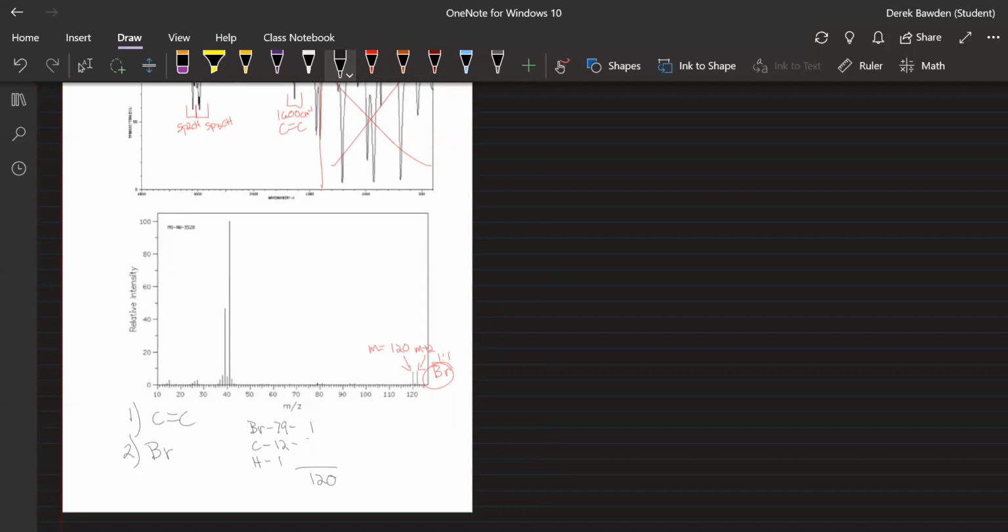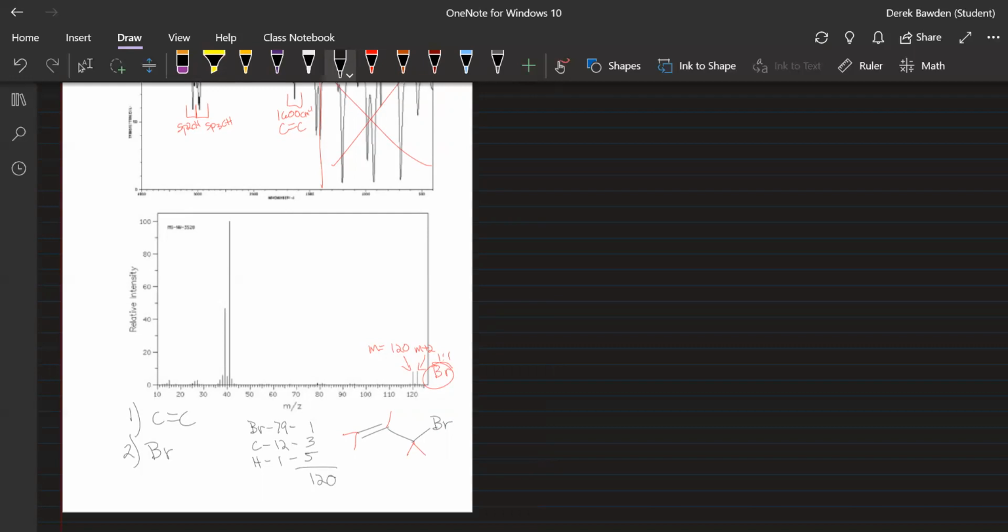Let's go 3. So we know we have a C double bond C and a bromine, and we're going to go with a 3 carbon chain. So let's add our double bond like that and our bromine here. So now we have a hydrogen here, and 2 hydrogens here. So we have 5.